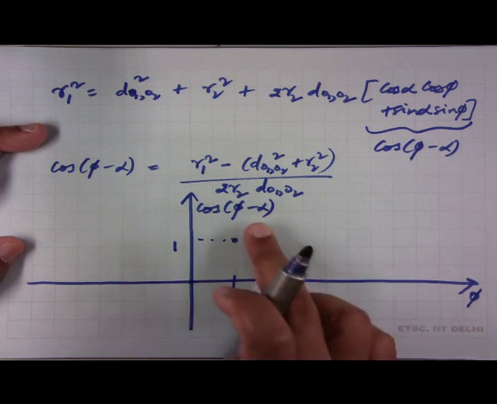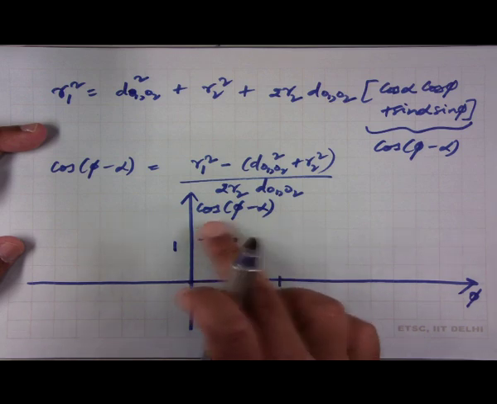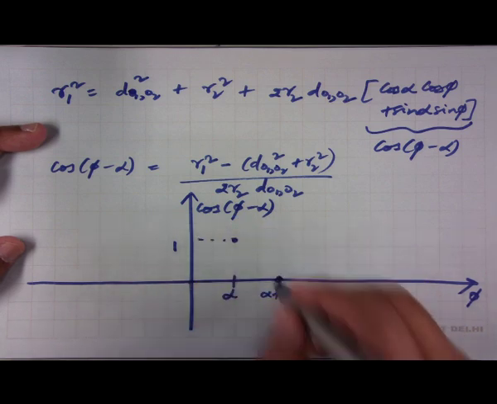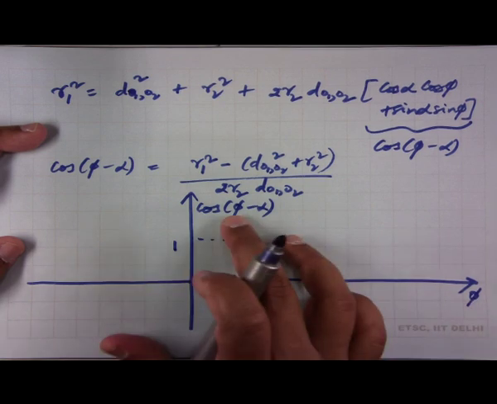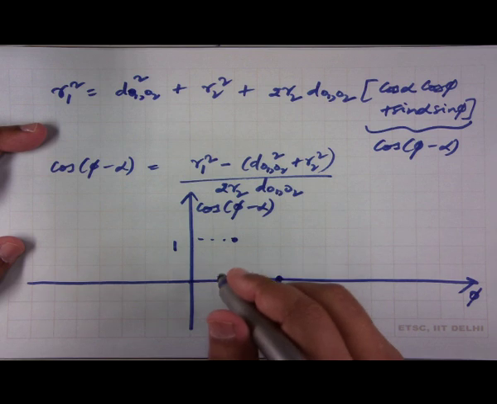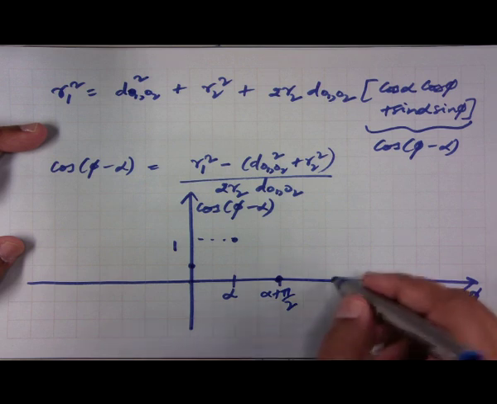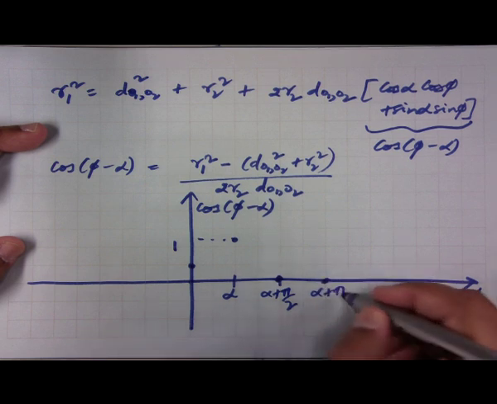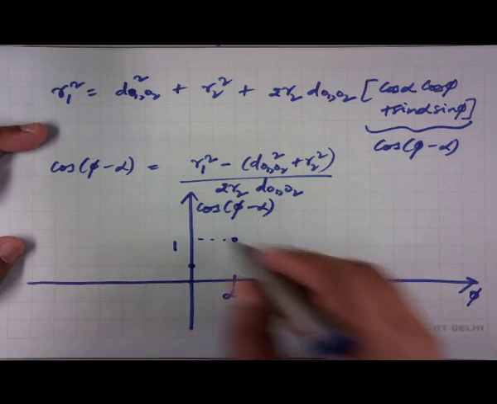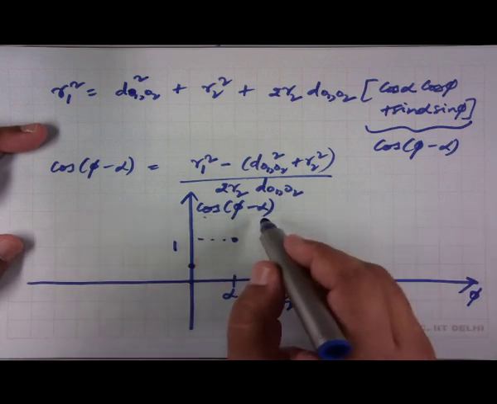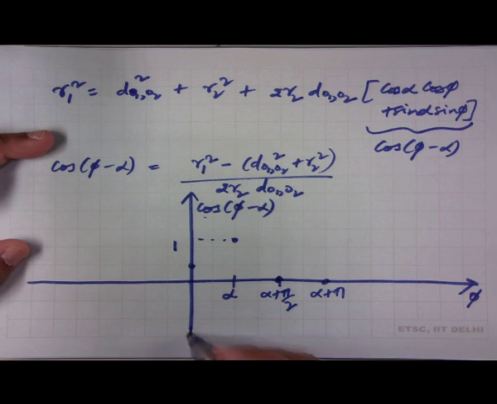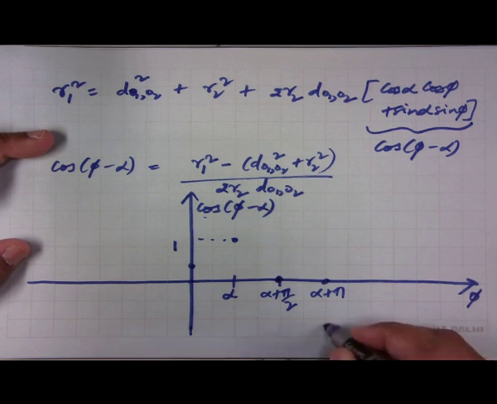When phi is alpha plus pi by 2, cos of phi minus alpha will be 0. At phi equal to 0, the value is cos of minus alpha, which is, let us say, this value. At alpha plus pi, the value of cos of phi minus alpha is going to be minus 1, which is here.